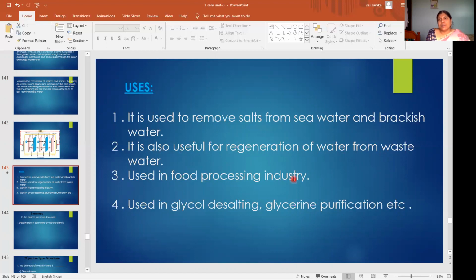Next, it is used in glycol desalting and glycerin purification. So these are the uses. We can remove salts from seawater as well as brackish water, it is useful for regeneration of water from wastewater, and it is also used in the food processing industry and in glycol desalting and glycerin purification.